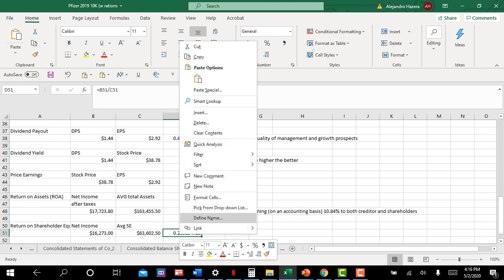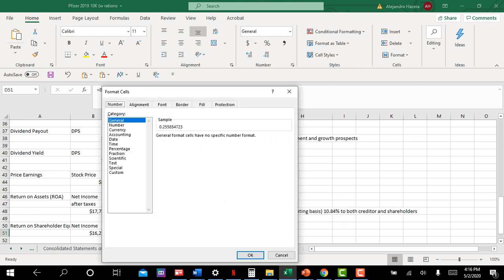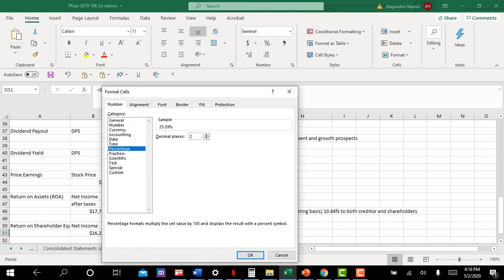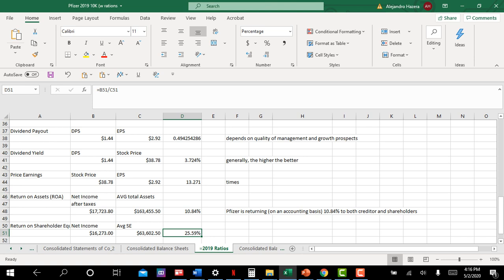You'll notice that I'm going to format this first. Get this cell formatted. Percentage is what we want. That looks pretty good. 25.59%.